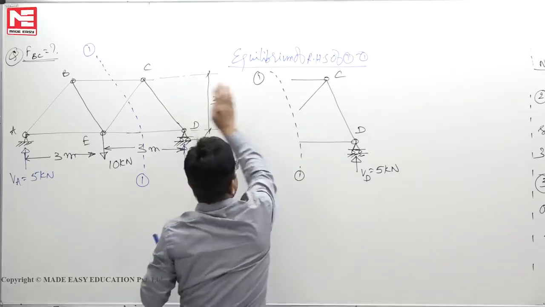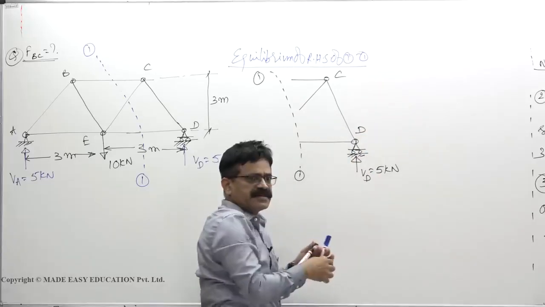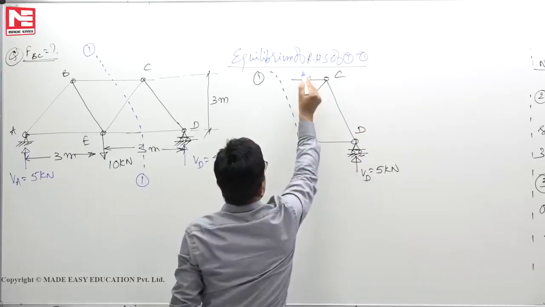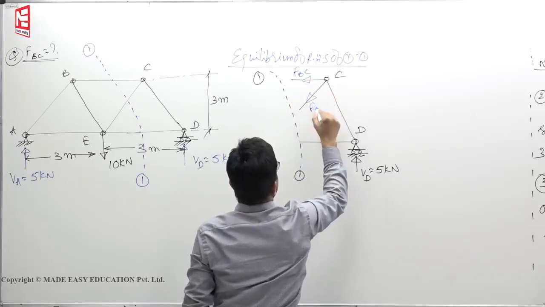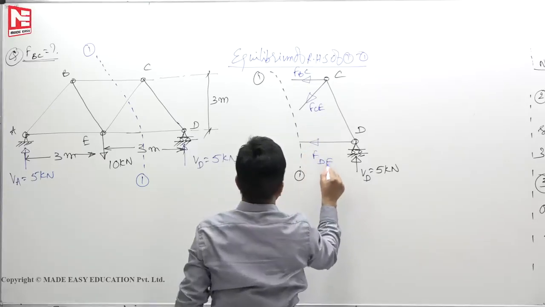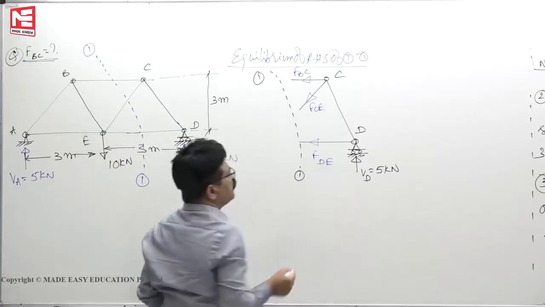We don't know whether these 3 members here are pulling the members or pushing the members. So, let us assume that all of them are getting pulled. So, force in the member BC, force in the member CE, force in the member DE, like that.